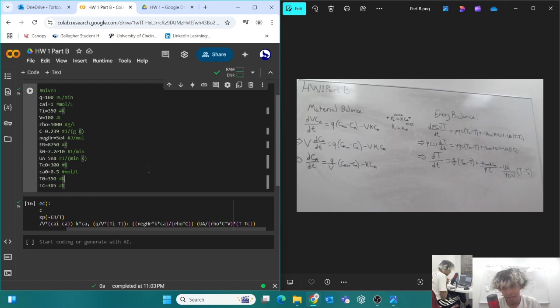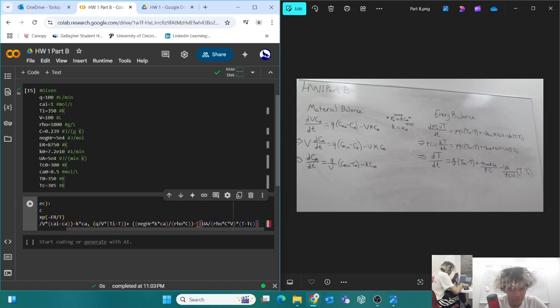All of that is being added to negative HR times K times CA divided by rho times heat capacity. And all of that is being subtracted by UA divided by rho times heat capacity times volume, and that is being multiplied by T minus TC.